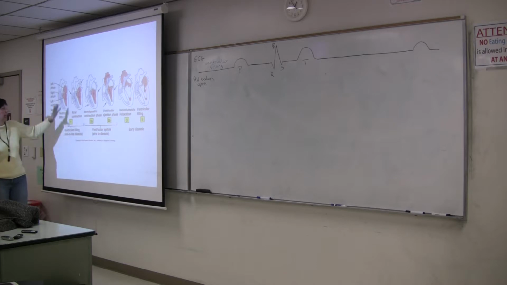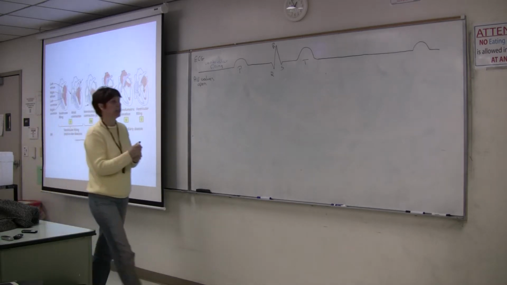Then the atria contract. Obviously the valves are still open because when the atria contract, it's going to create a slightly higher pressure than we have in the ventricles. Then the atria are going to relax, and the ventricles are going to contract. As the ventricles start to contract, their pressure increases, and that's going to close the AV valves.